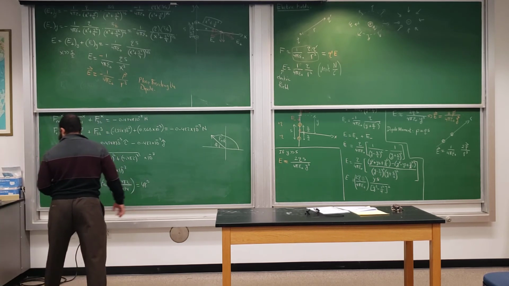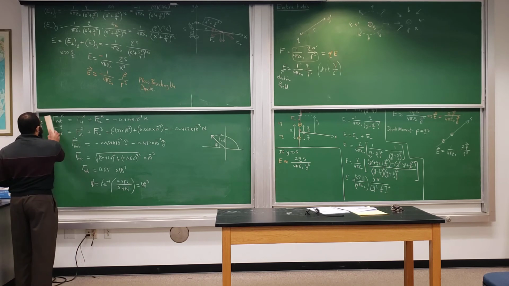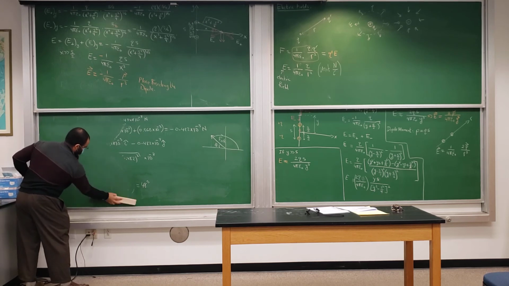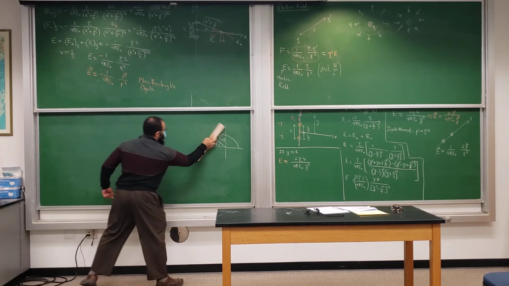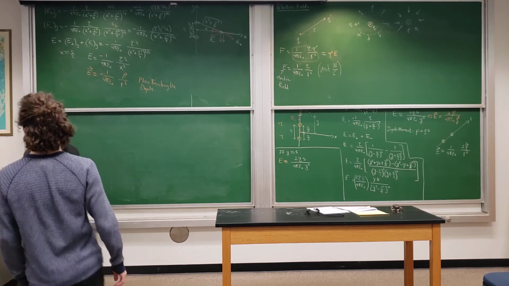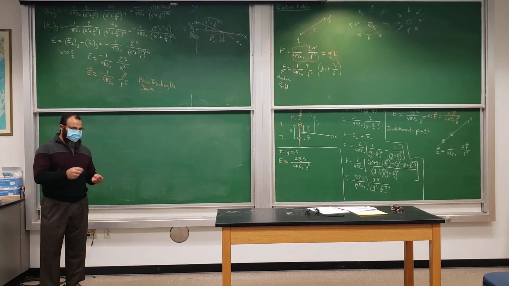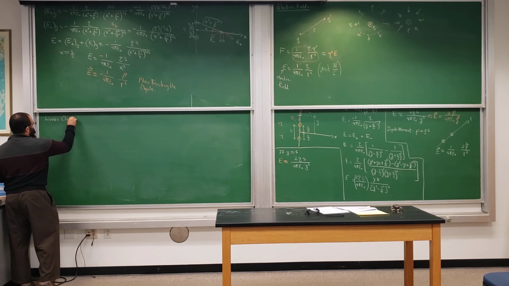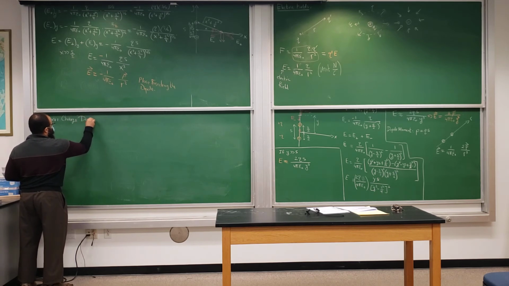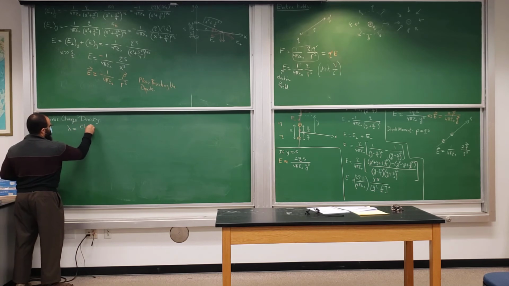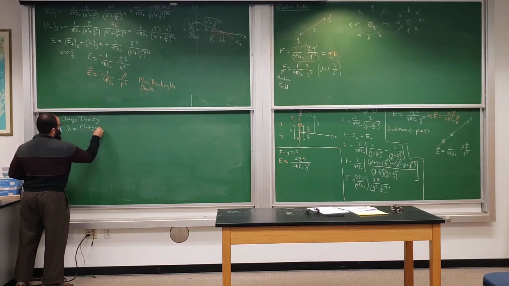So let's first define what lambda and eta are. If you have a linear charge density, then you would like to talk about the charge per unit of length. You will have lambda, it is the charge per unit of length.